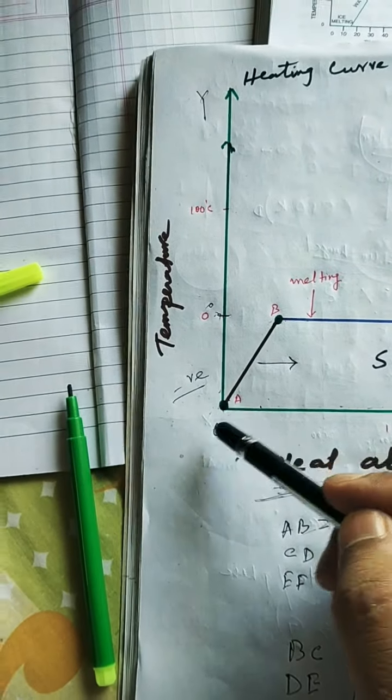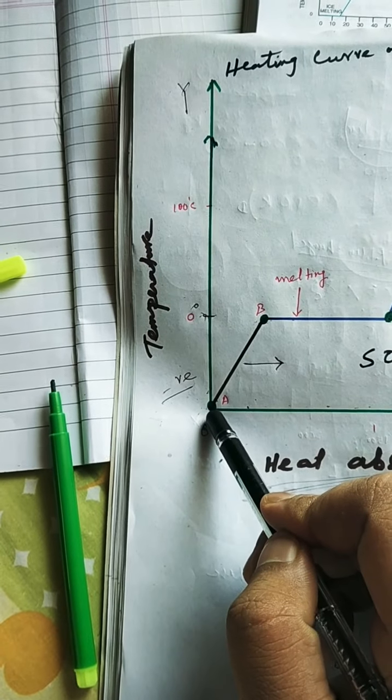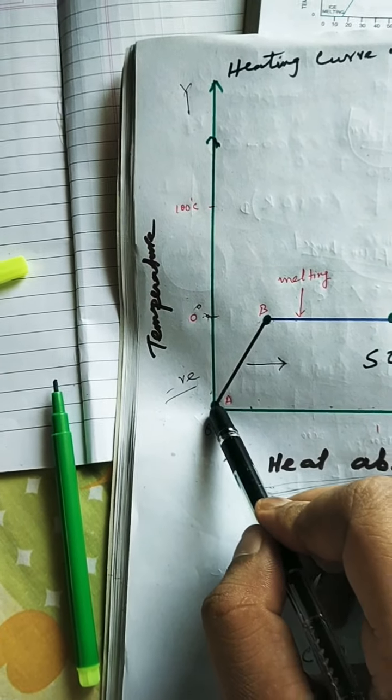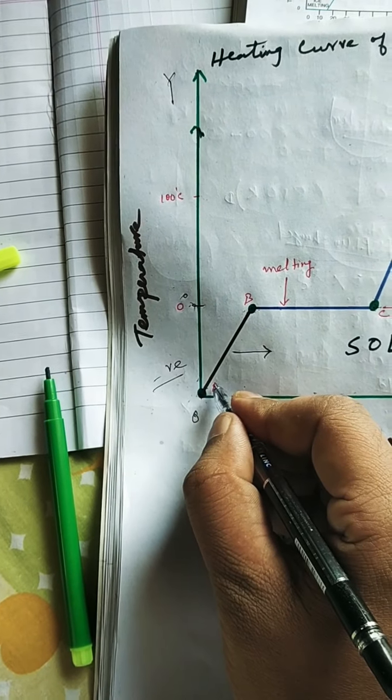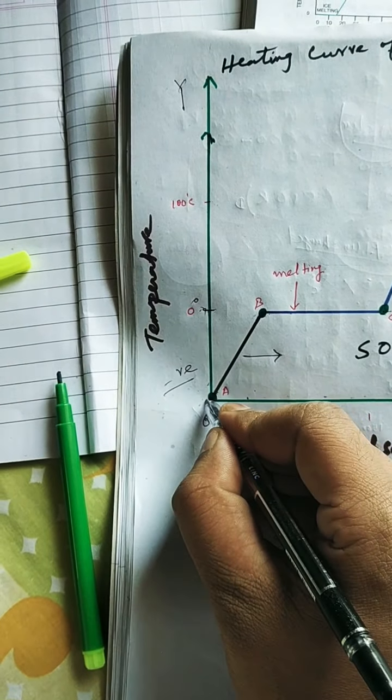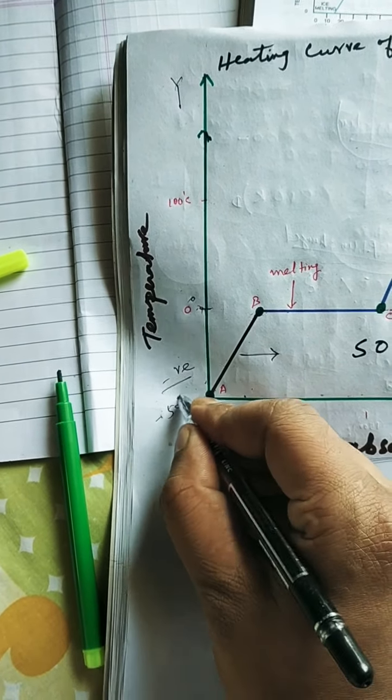At this level, the temperature of the substance is negative, for example ice. At point A, the ice temperature is minus 50 degrees centigrade.